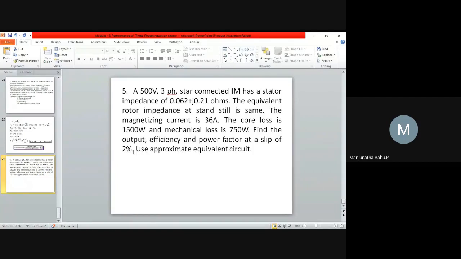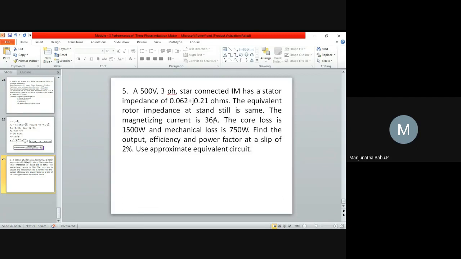So now with respect to this, core loss is given here. The core loss whatever is being represented is for three phase. So convert that to single phase. Divided by 3, we'll be getting 500 watts. Now from here you find IC, that is the working current, because he is giving the magnetizing current IM.